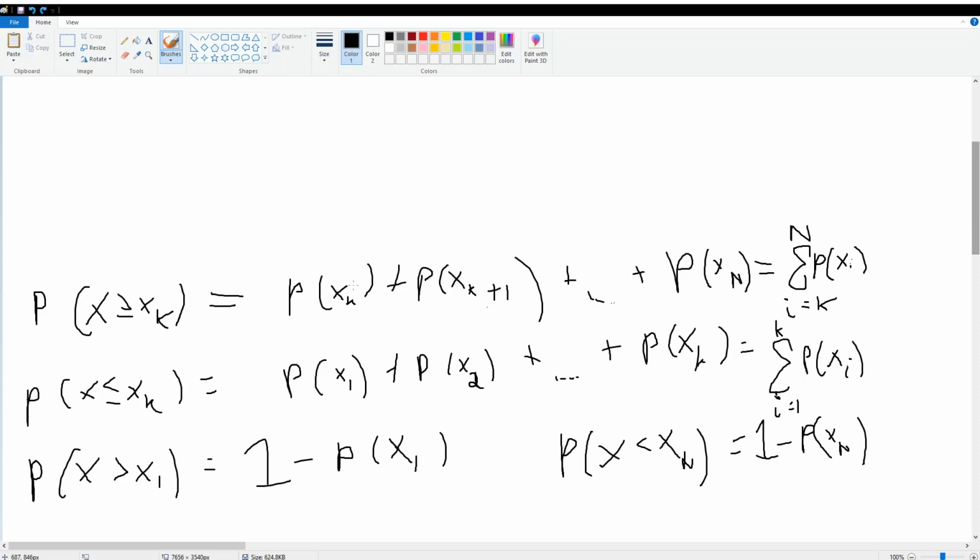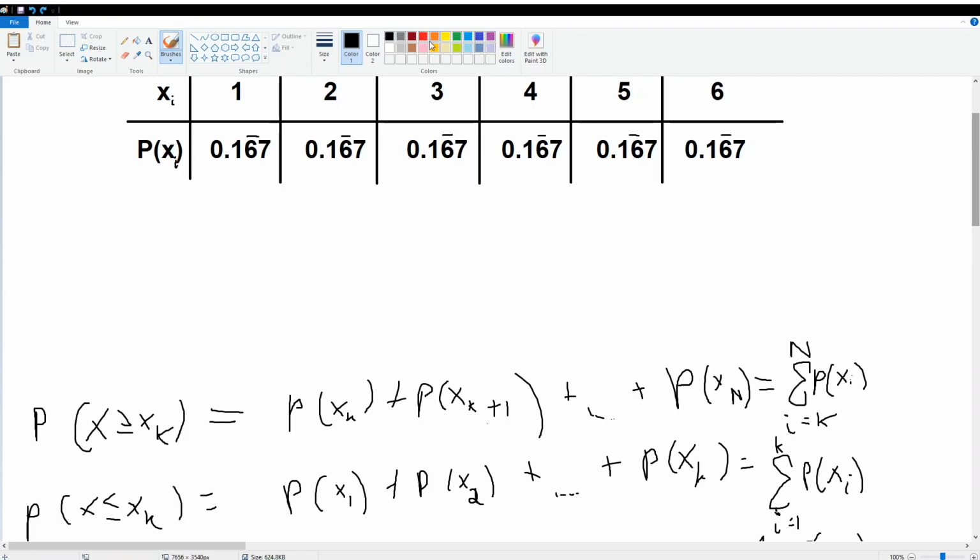Now you might say, this is too much notation, I'm completely lost, give me an example. Let's go ahead and do that. Let's suppose I asked you, again, we'll use the same example, the chances of x being greater than or equal to 3. Well, this would be equal to the probability of the third value plus, because these are in order, 1, 2, 3, 4, 5, 6, plus the probability of the fourth value occurring, plus, blah, blah, blah.